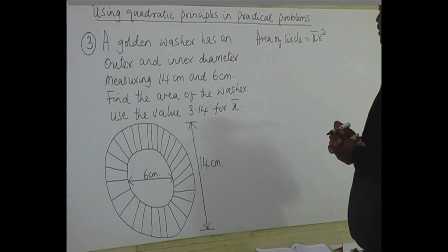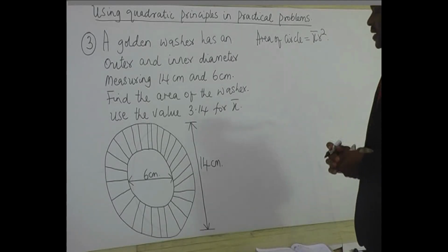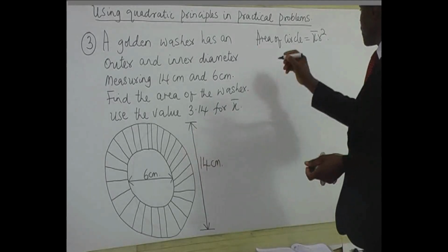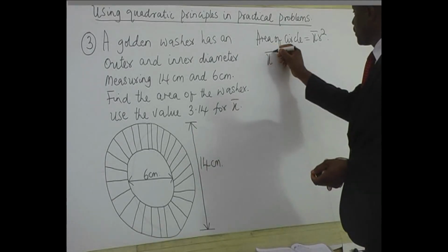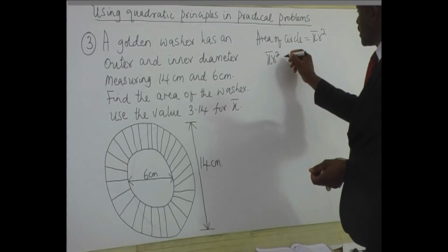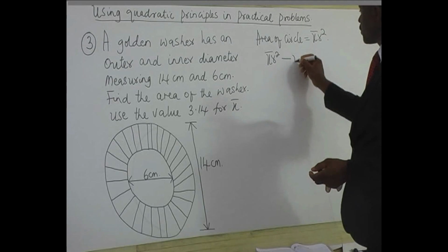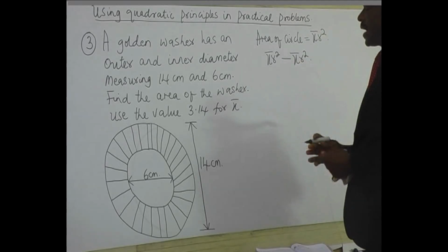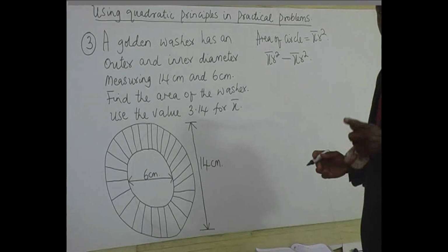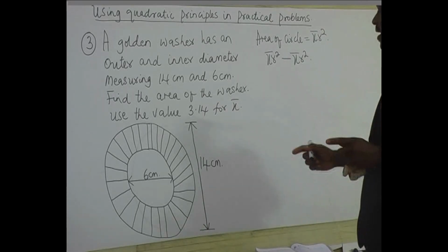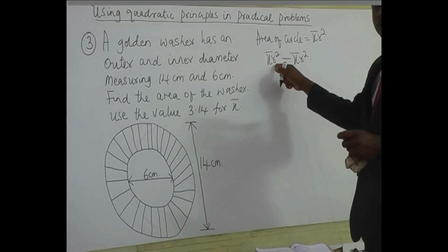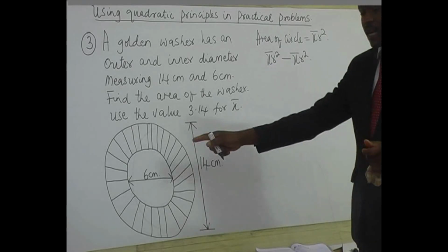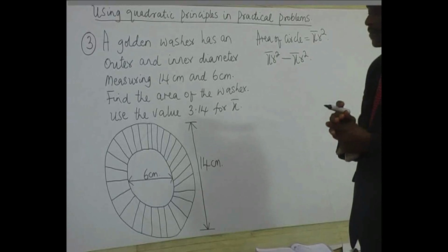If that is the case, that means that the area of the bigger circle will be given by pi r squared, while the area of the washer will be that minus the area of the inner circle, which is also pi r squared. The only difference in the formula now is the radii, or the radius of the different circles, the outer and the inner circles.